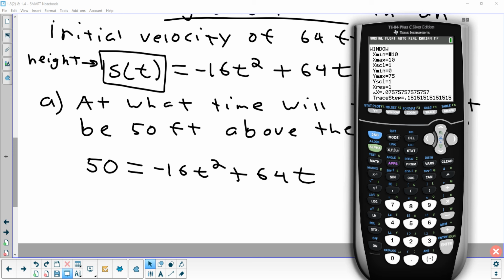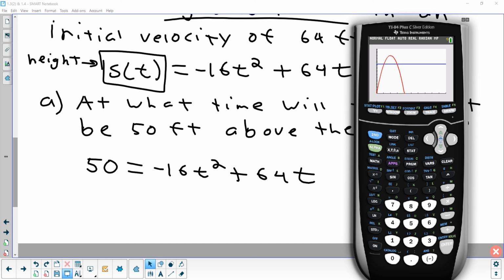Couldn't go any lower than what? Yep, 0. What's my X max? I don't know. That's how long the object is in the air for. If I don't set it high enough, the graph's going to go off the screen. Let's try it at 10 and see what happens. So there's my horizontal line at 50.